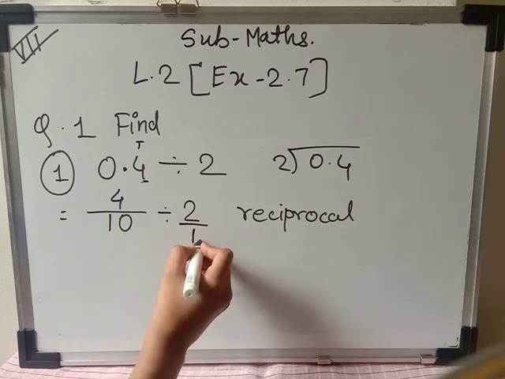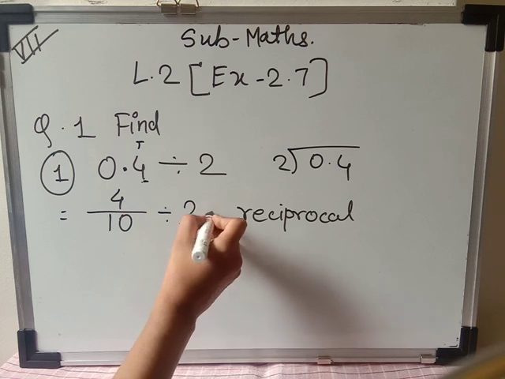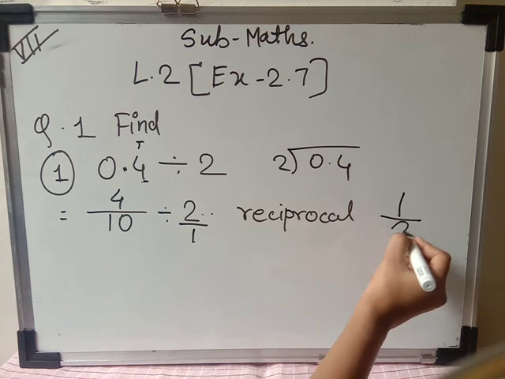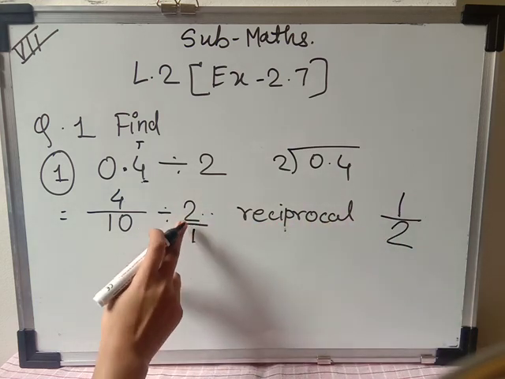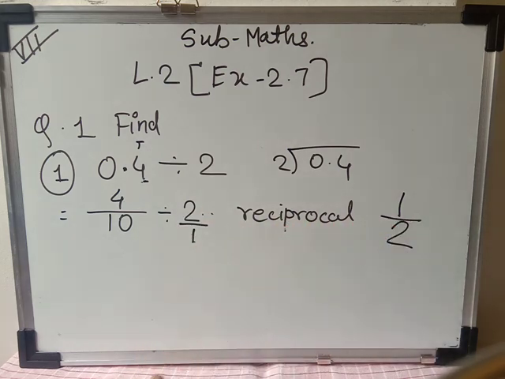Now we have to take the reciprocal of this number. The denominator will take the place of the numerator, so 1 will come here and the numerator will take the place of the denominator. So the reciprocal of 2 upon 1 is 1 upon 2.